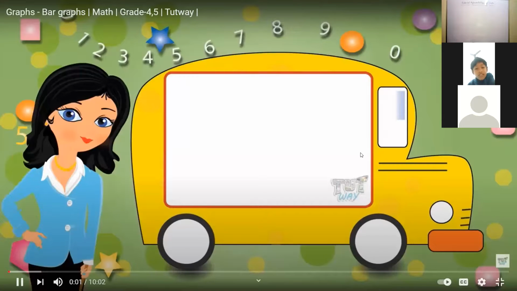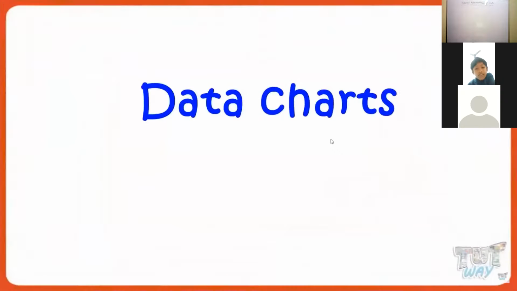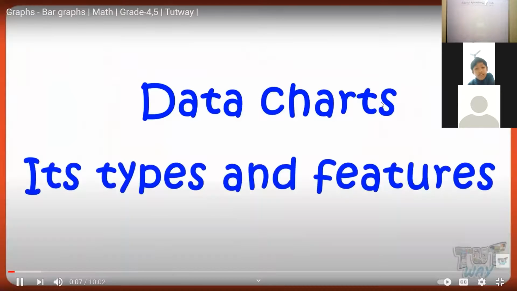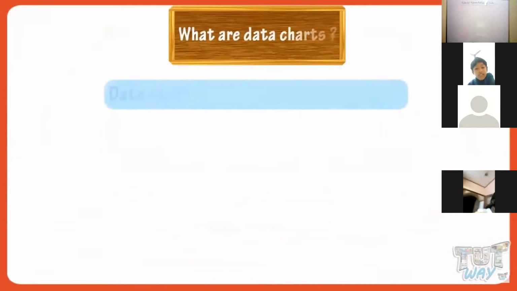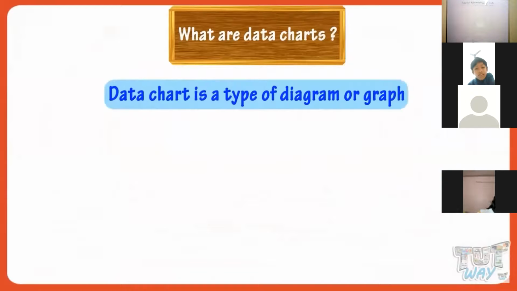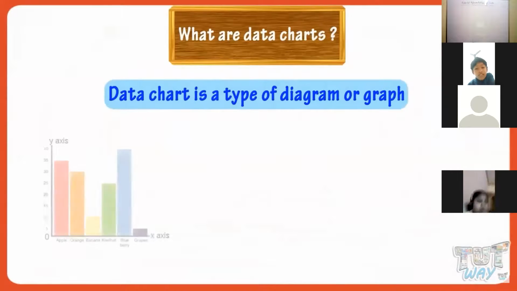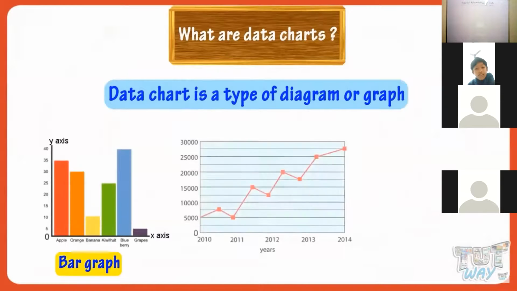Hi kids! Today we will learn what are data charts, their types, features, and how we use them. So let's start. Data chart is a type of diagram or graph where data is represented by various symbols such as bars and bar graphs.